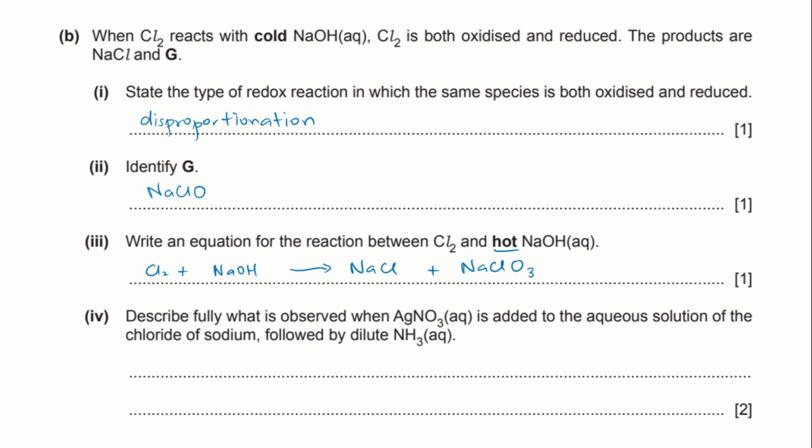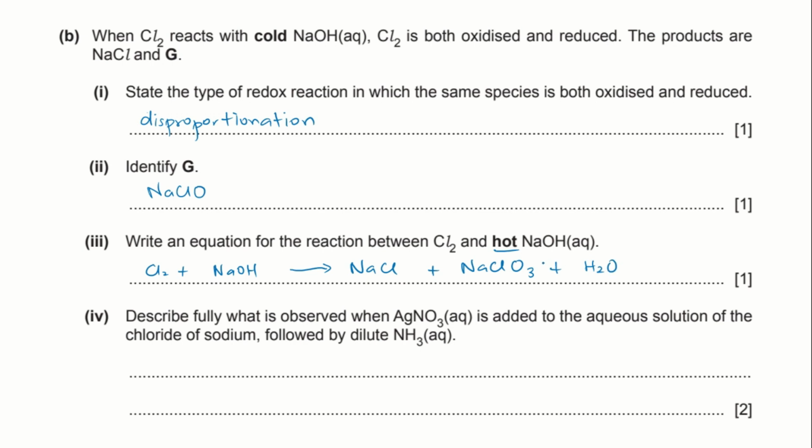With cold sodium hydroxide, the change in oxidation number is not so great, so it only forms sodium chlorate with only one oxygen. With hot sodium hydroxide there will be 3 oxygen in the compound, and water is also formed.